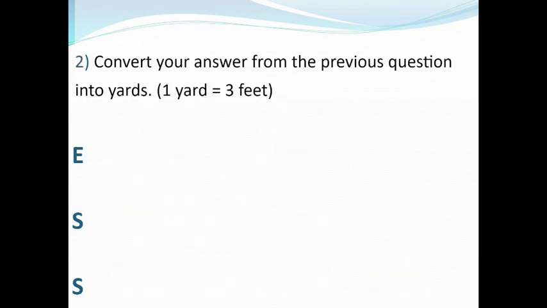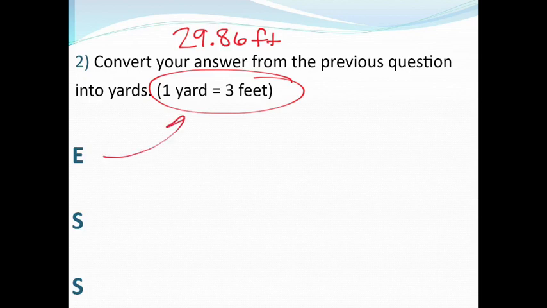Now with this second problem, we're going to be taking our answer from the previous problem, so 29.86 feet, and we're going to turn those feet into yards. And we already have an equation given to us here, so we can jump straight into setting up our dimensional analysis and putting that 29.86 feet on our line.